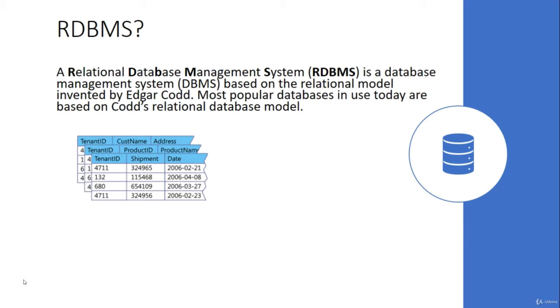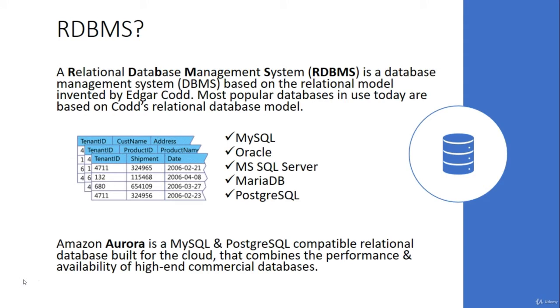Most popular databases in use today are based on Codd's relational database model. A few examples are MySQL, Oracle, Microsoft SQL Server, MariaDB, and PostgreSQL. From Amazon, Aurora is a MySQL and PostgreSQL compatible relational database built for the cloud that combines the performance and availability of high-end commercial databases.